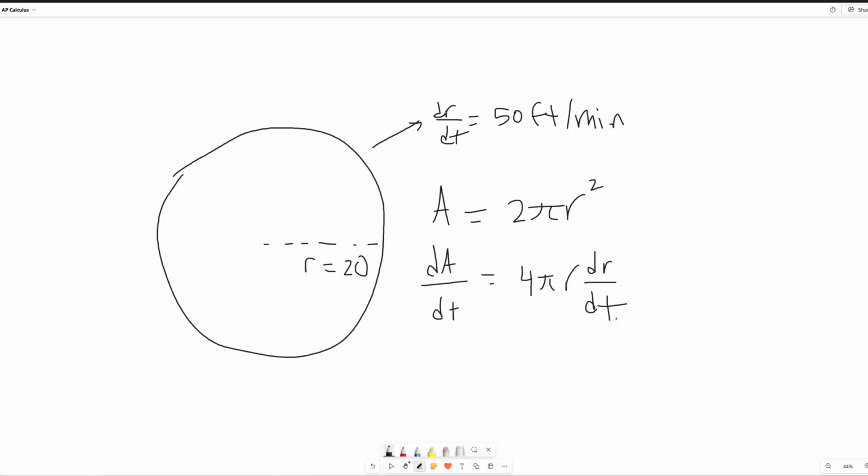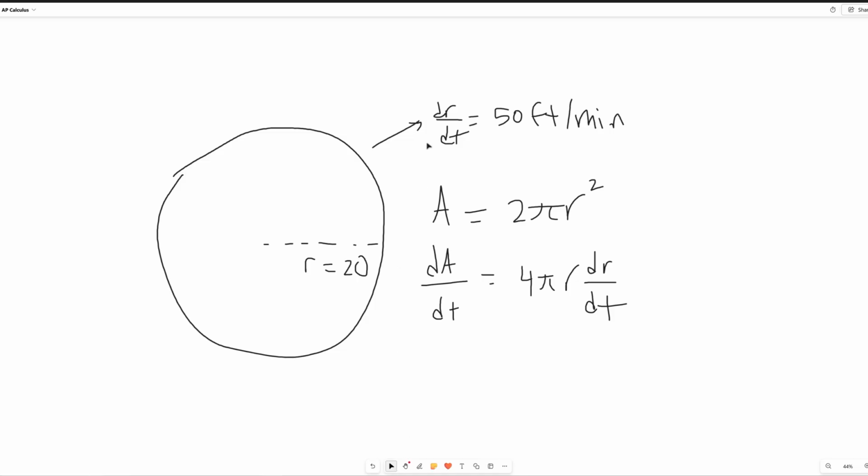Now, if you want to find the area, then you can just plug in your r of 20 and plug in your dr dt is 50. And then you'll get your answer, which is a very big pi value. It's going to be something along the lines of 4,000 pi, maybe, if I'm doing my mental math correctly. Or 8,000, something.